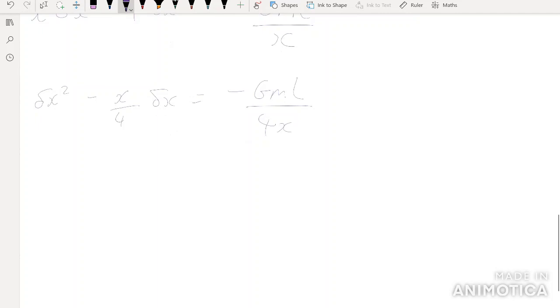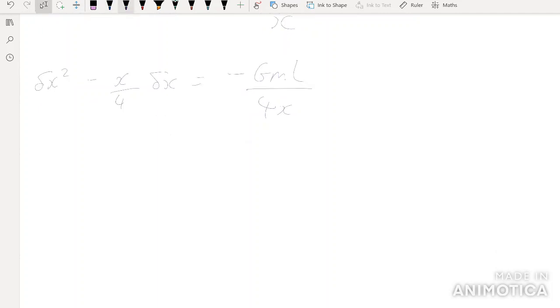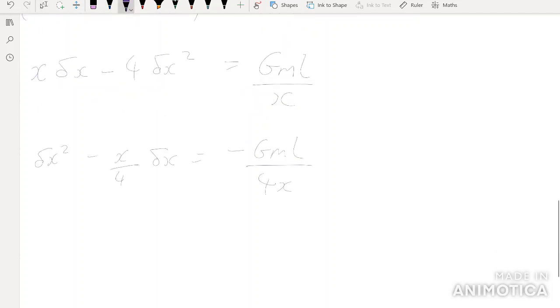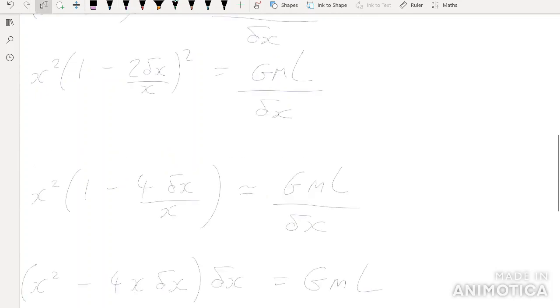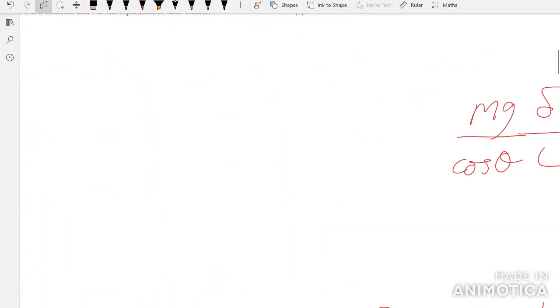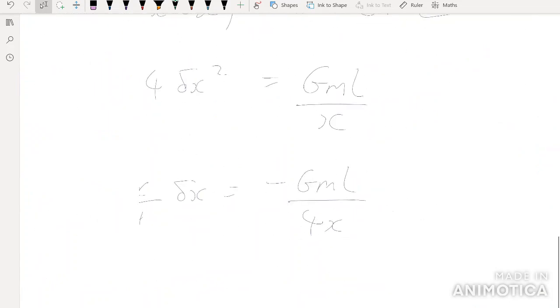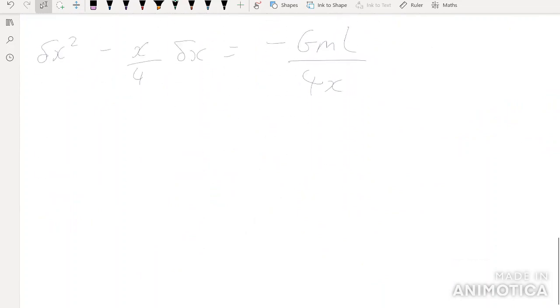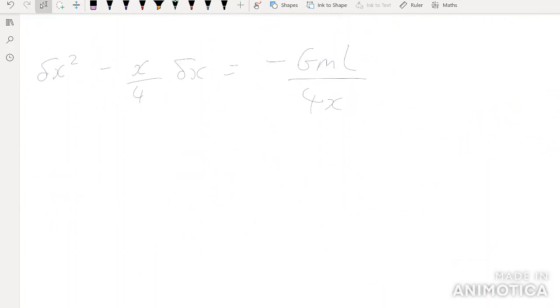Okay, and so now, because we're not allowed to get rid of delta x squared, even though it's very tempting, yet we want just delta x on its own. So we need to get rid of that linear term.